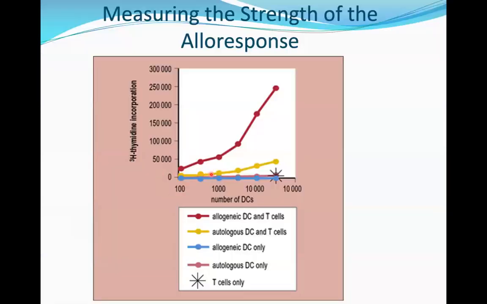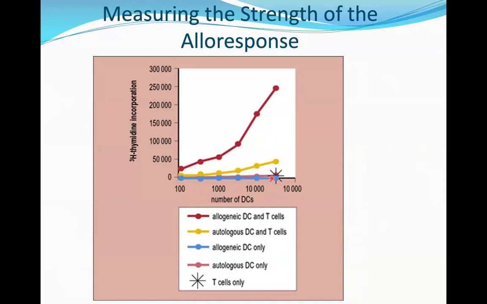And this can be seen here by the graph. So this is dendritic cells as a control. So this is just dendritic cells being mixed with the same T lymphocyte from the same individual. So basically, there's no reactivity. The T cells are seeing the same individual's antigen presenting cells.